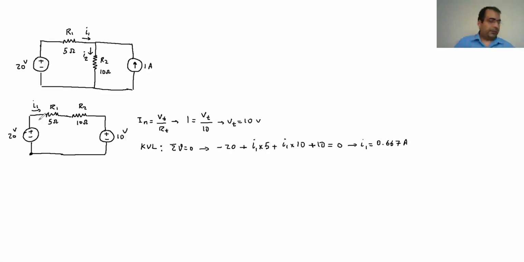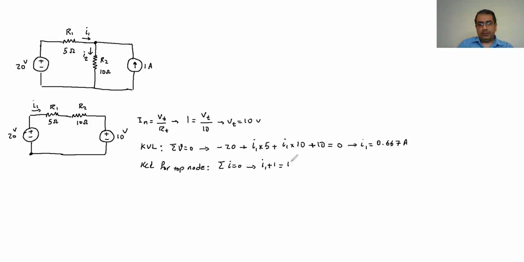So if I go back to the original circuit, now I know the I1. Now if I write the KCL for the top node, what I have is going to tell me sigma I is going to be 0. So the I1 goes in, the 1 amp here goes in, should equal to whatever leaves.